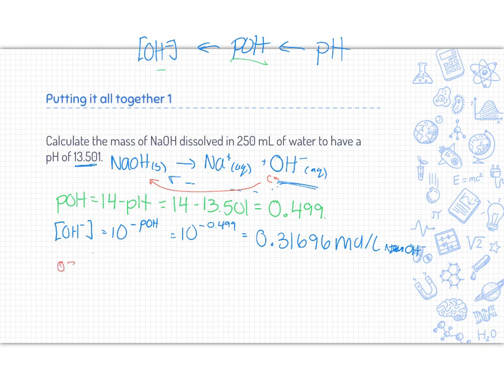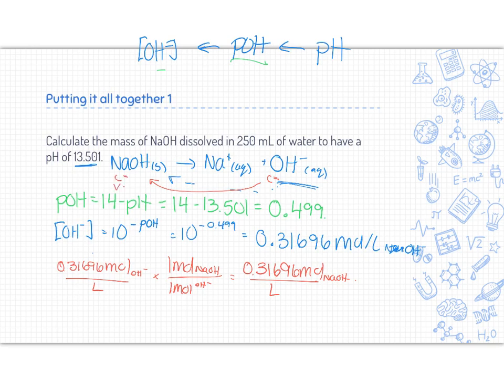So 0.31696 moles per liter of OH minus times 1 mole of OH minus per 1 mole of NaOH, and we get 0.31696 moles per liter of NaOH. Once I have the concentration of NaOH, I also have the volume. I can find moles, and I can use my molar mass to find the mass.